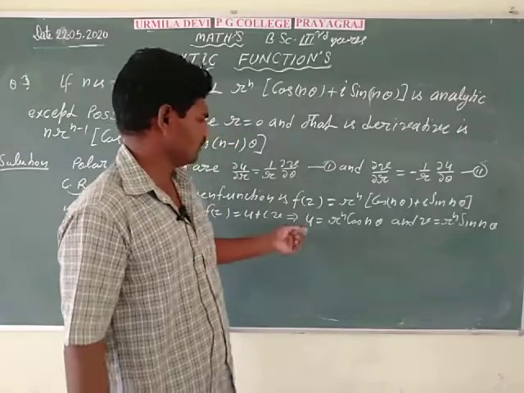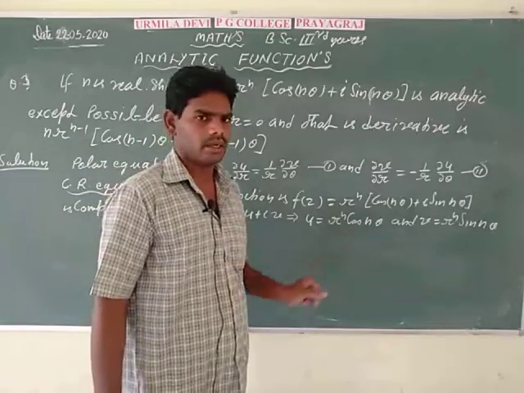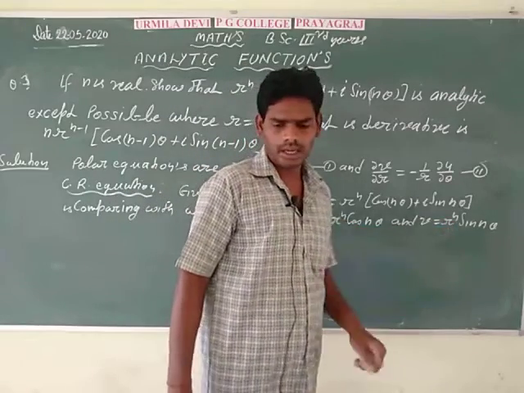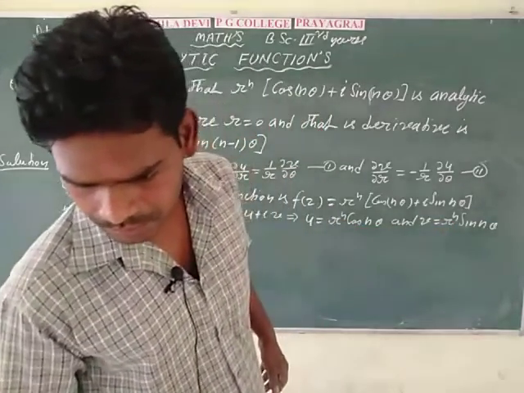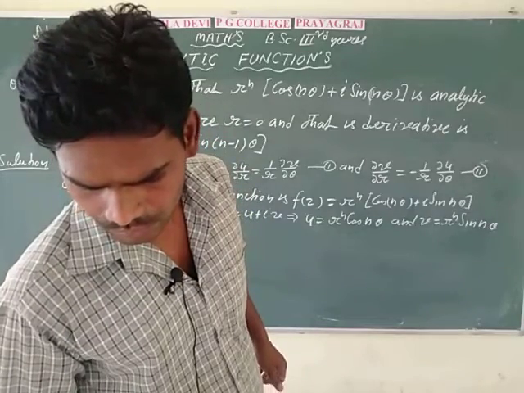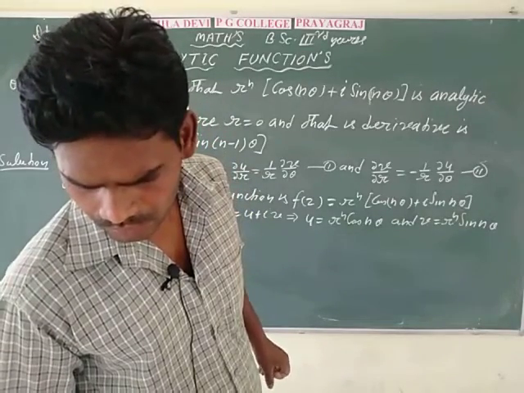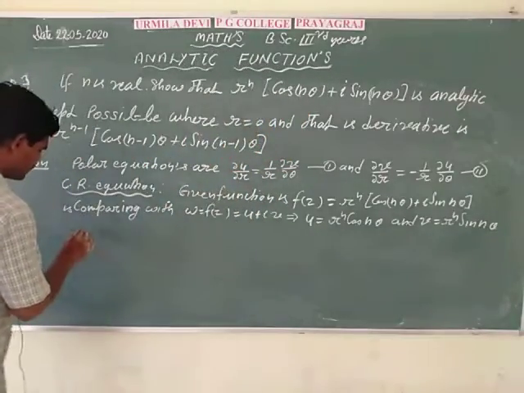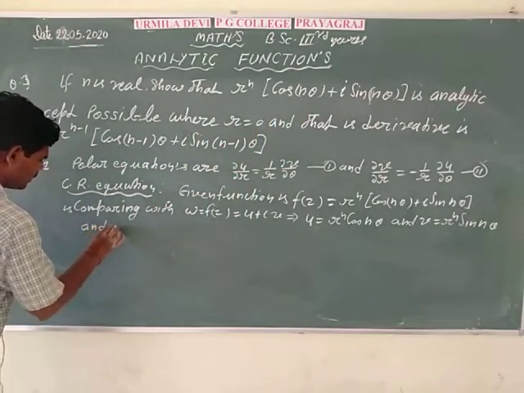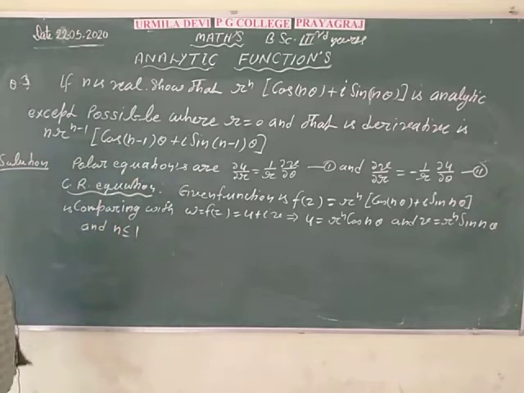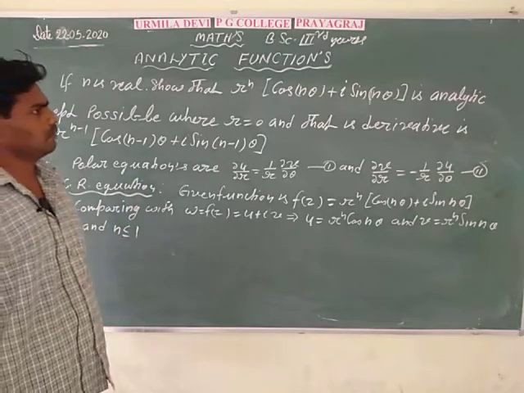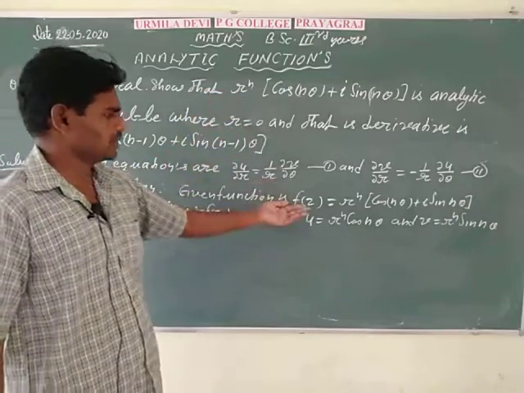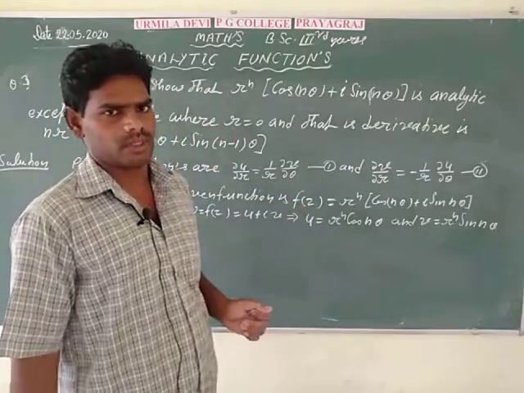Here function u is in variables r and theta and function v is in variables r and theta. And here consider n less than or equal to 1. Our purpose is to prove that the given function f(z) is an analytic function.